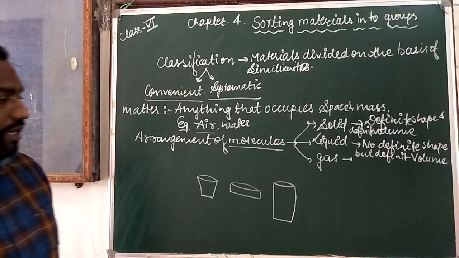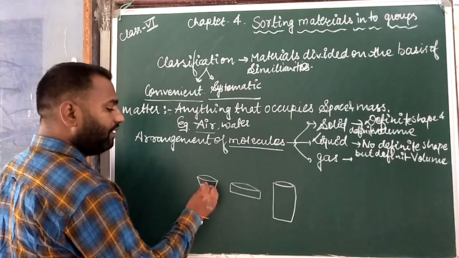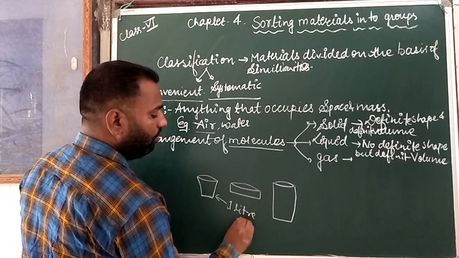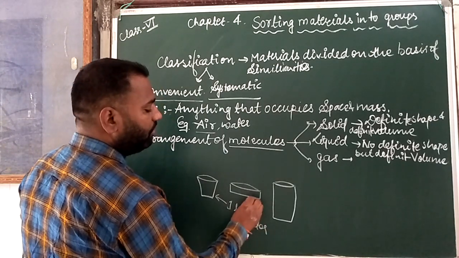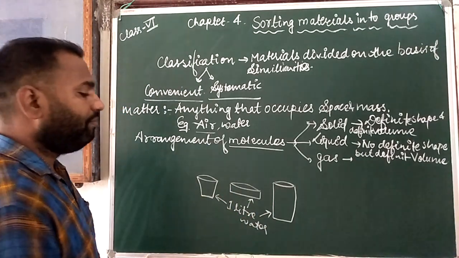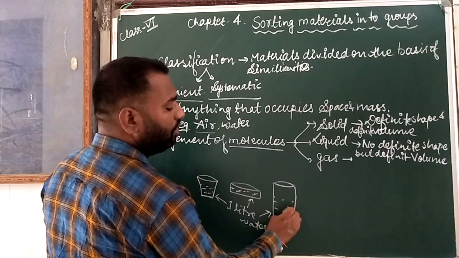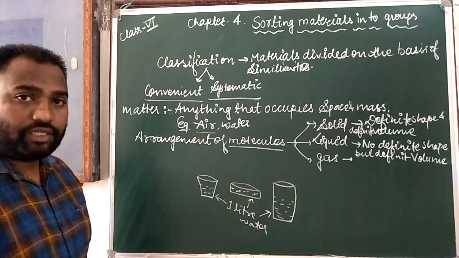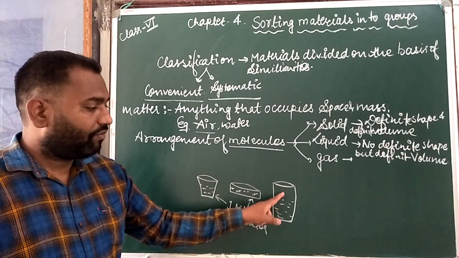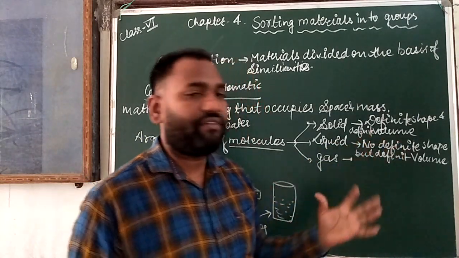So there is no definite shape, because if we add 1 liter of water to each of them, you will see the water takes the shape of the container. That's why liquids do not have any definite shape.